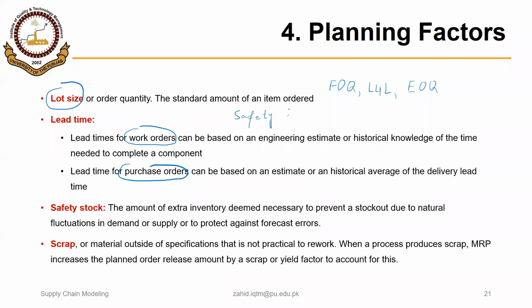Both these safety factors, safety lead time and safety stock, are important to be understood. Safety stock is about amount. Safety lead time is, of course, about timing. So if the lead time is, let's suppose, 4 weeks, but you know that there are delays, you can have 1 week as safety lead time.